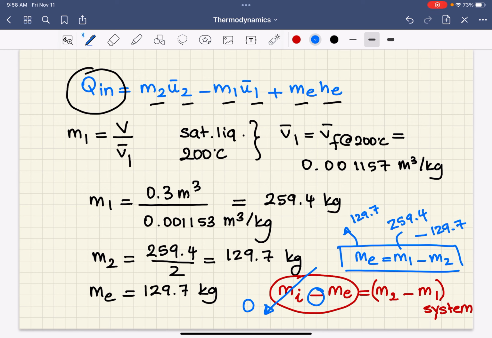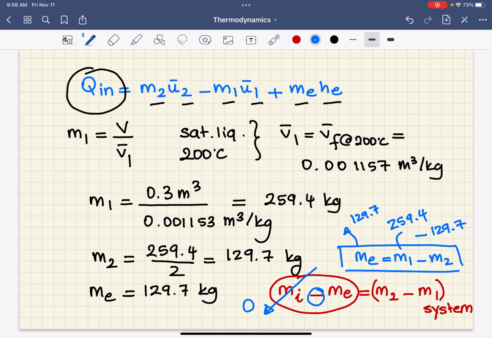So if you are not immediately able to see the mass interactions and the volumes, if you cannot identify it in your mind, you can just write down the mass balance, and from there you can see that since half of it is exiting, half of it actually remained compared to the initial mass.